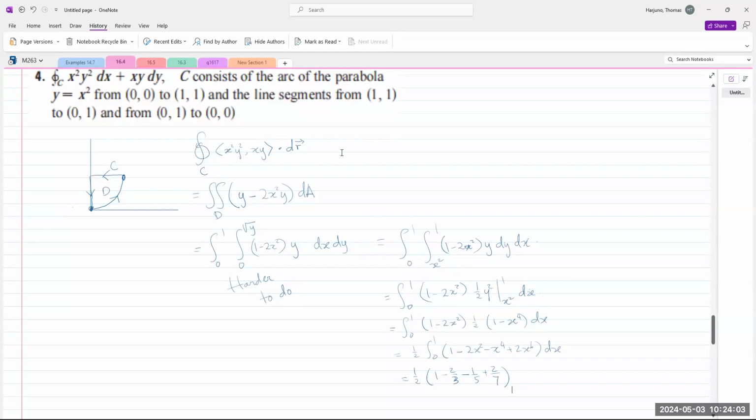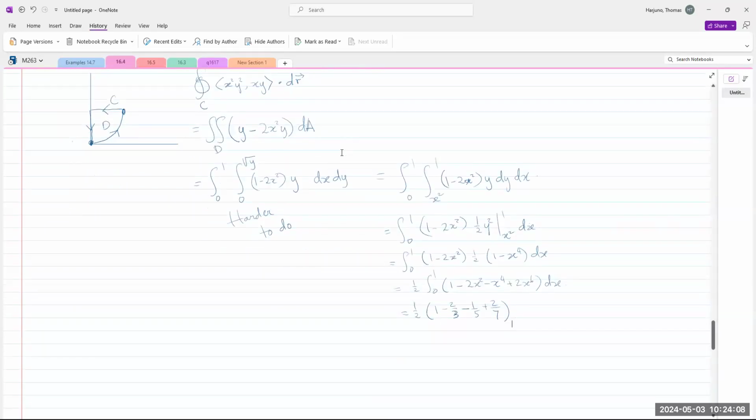Suppose I try to compute that using what we have there. Let's try this one. The integral from 0 to 1 of x minus 2/3 x cubed, with x from 0 to square root of y, dy.